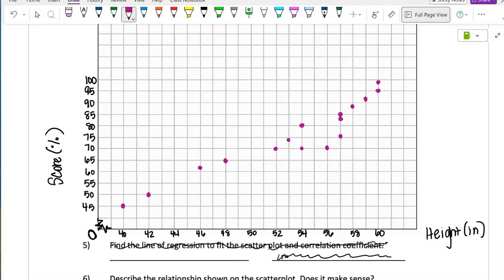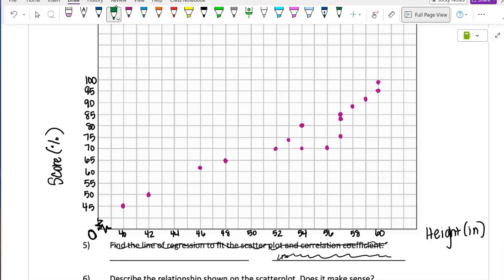All right, so we need a line of best fit. Now, there is some math that can be done, and again, we're not going to get into the math of it. We're just going to try and put in a line that comes closest to the data. So I'm going to take my straight edge. Now I do need points on the line to make this happen.